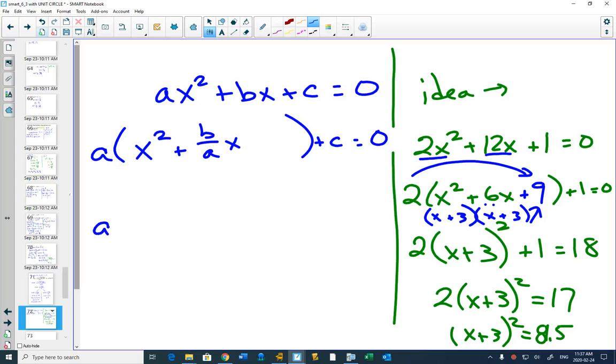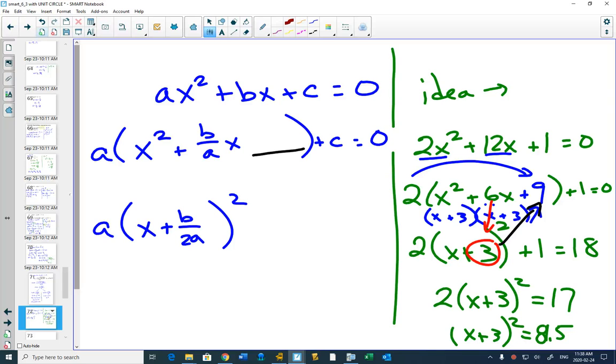The next thing I did is I made this x plus something squared. This number here was half of that number, always. So I would just take half of b over a, b over 2a. And then this number here was always that number squared.